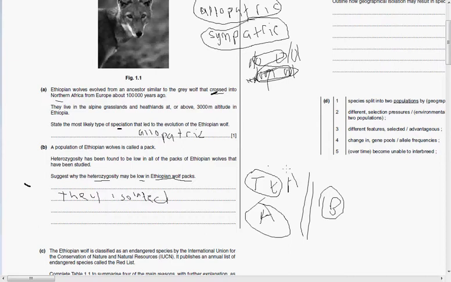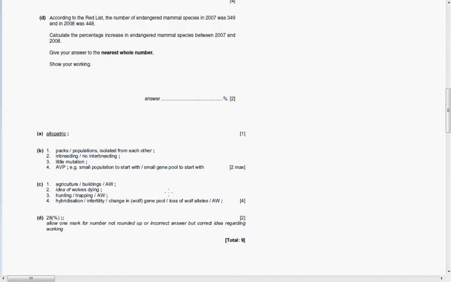When they interbreed, they'll just remain with two A's, and the same homozygosity will be more dominant. This one will be the most occurring over here, because the packs are isolated completely, right? So there is no gene flow, and that's the reason they're giving: the pack populations are isolated from each other, so no interbreeding.